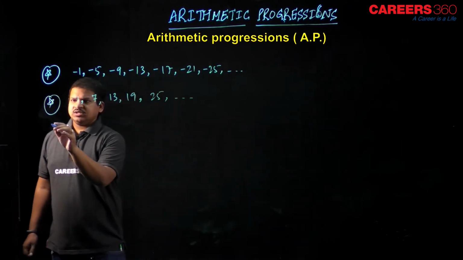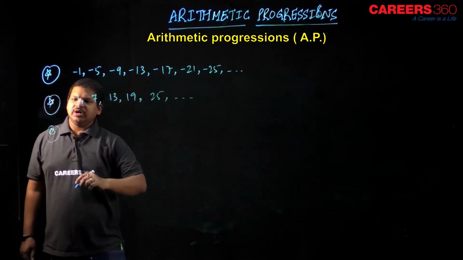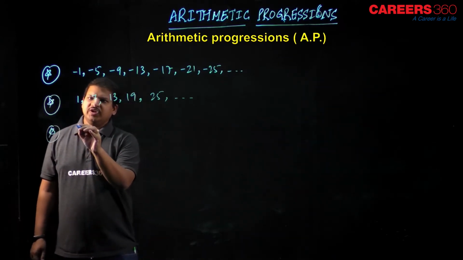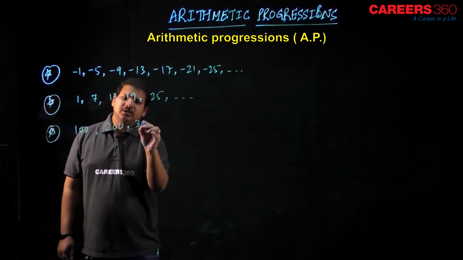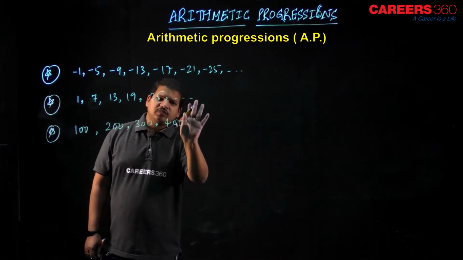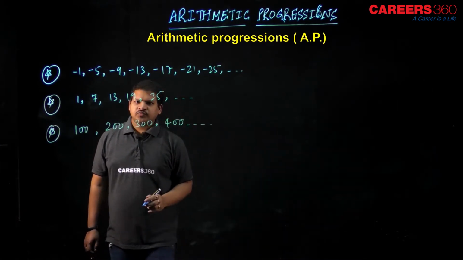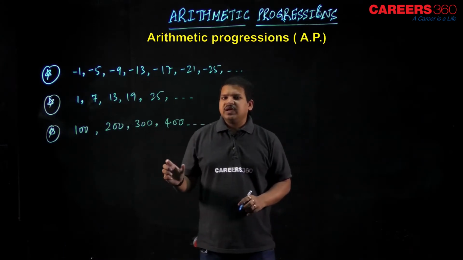Now let's have a look at one more number, that is 100, 200, 300, 400 and so on. So these all are examples of AP.